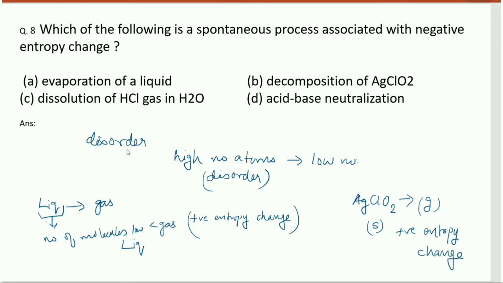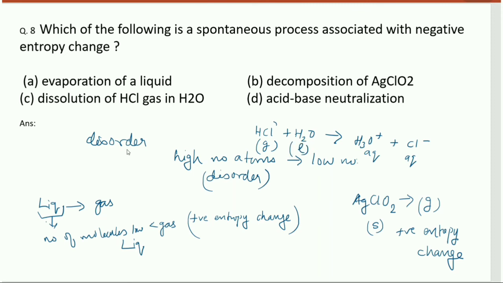Now in C option, dissolution of HCl gas in H2O. Dissolution of HCl gas in H2O means HCl plus H2O gives H3O plus Cl minus, and this is in aqueous and this is in aqueous. HCl is a gas and H2O is a liquid. So here what happened?